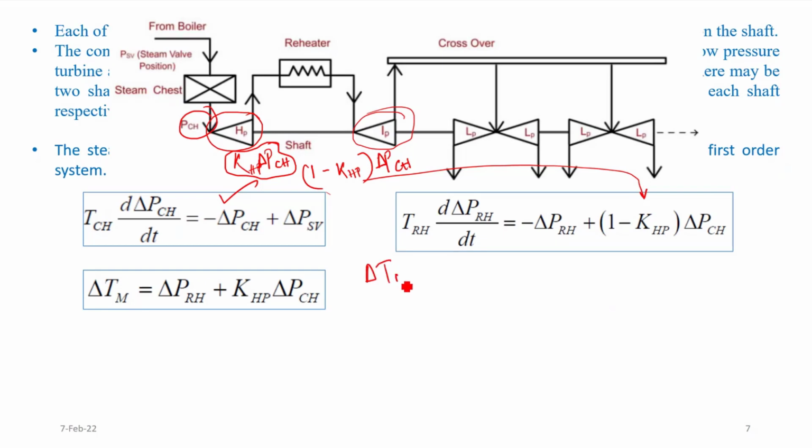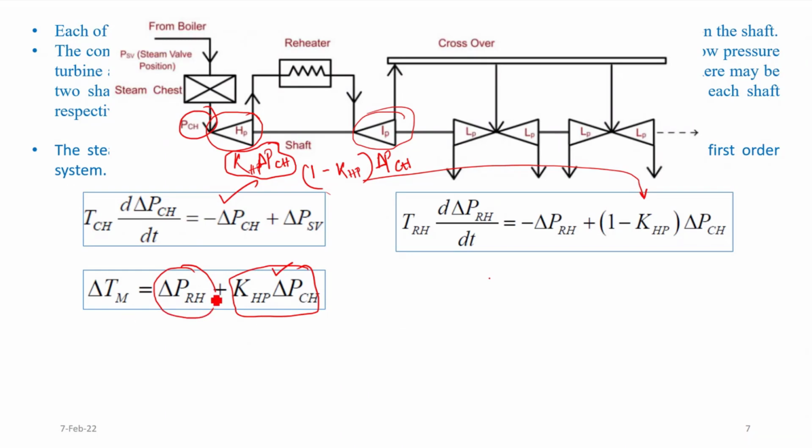Delta T_m in per unit equals delta P_m. So delta T_m is equal to delta P_RH, the output power of the reheater, which is used in the intermediate or low pressure turbine to run the turbine. And K_HP delta P_CH is the input actually used in the high pressure turbine to run the shaft.